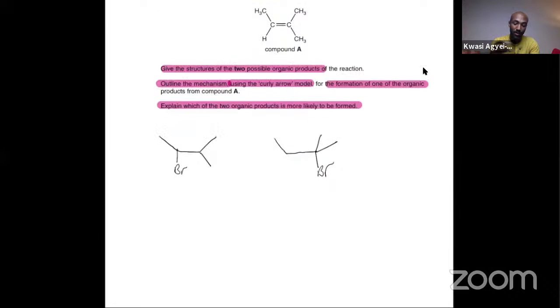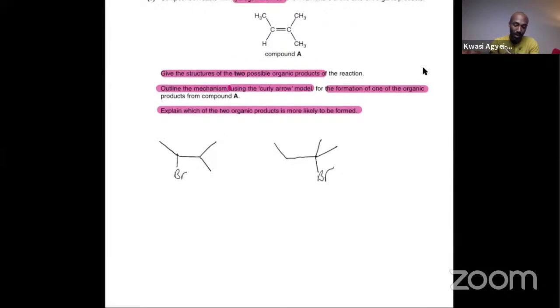So if we start with our alkene, which is this alkene here, and we know it's reacting with HBr, and we know there's a dipole on our HBr, delta minus on the bromine atom, and delta plus on the hydrogen. The curly arrow starts from the middle of our double bond to the hydrogen, and then we break the HBr bond, like so.